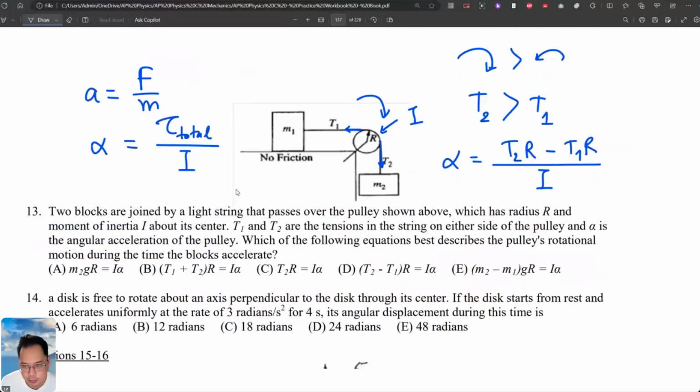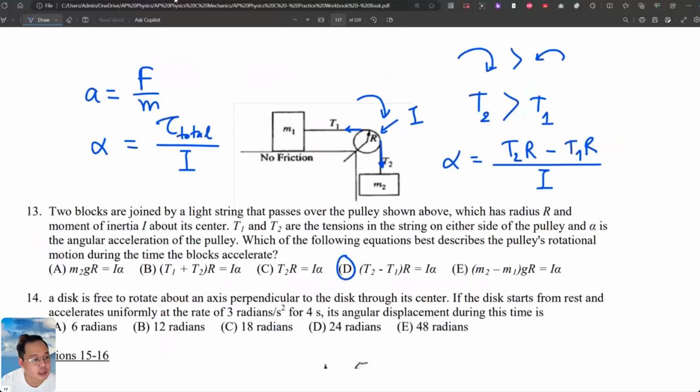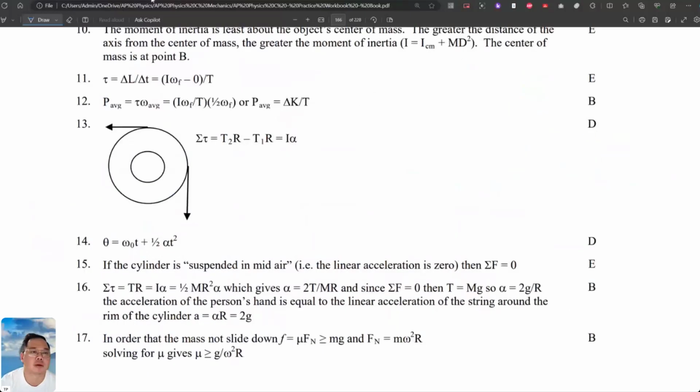Therefore the answer is T2 minus T1 times R equals I alpha, answer D. 13D, correct.